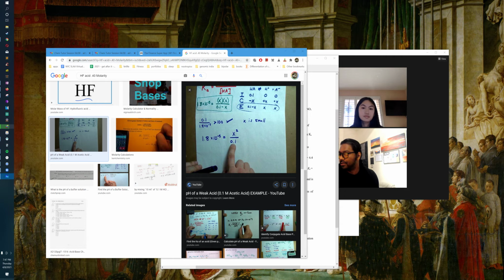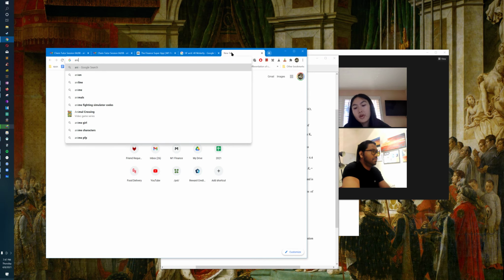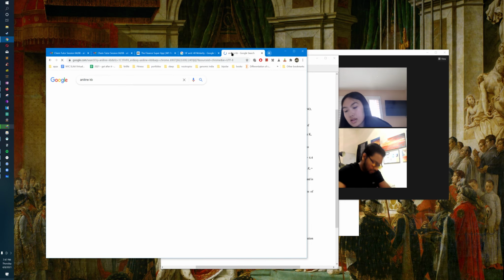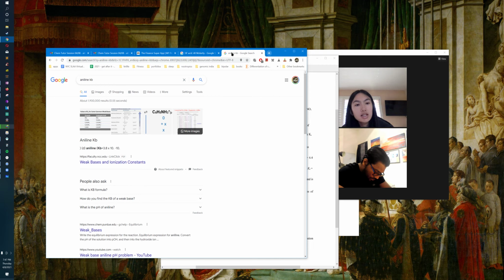So Kb is equal to 6.6 E negative 6 squared over 0.1, which is 4.4 E negative 10.